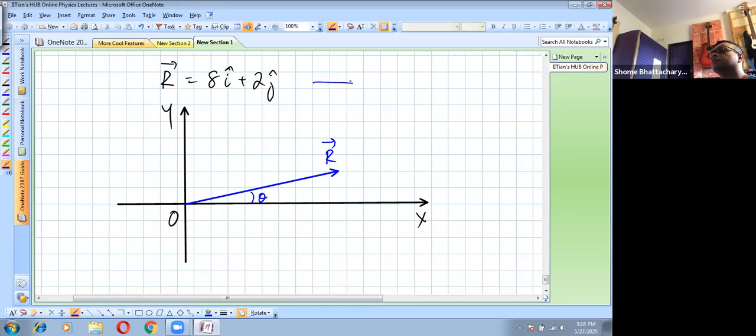So you can see from here that tan theta is equal to 1 by 4. Now there will be two such unit vectors within this plane which are perpendicular to this.